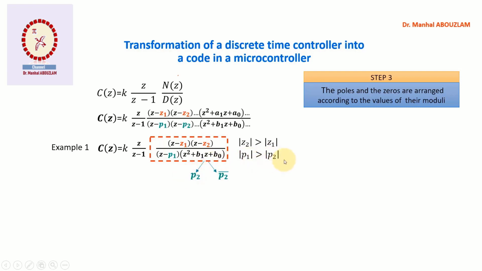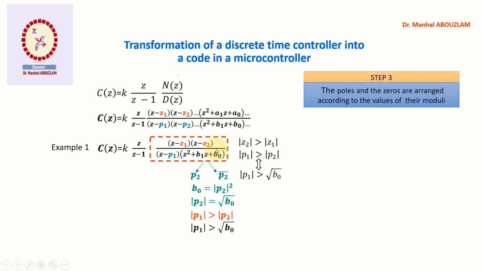Okay, we can observe that this inequality corresponds to this inequality. The modulus of b1 is higher than the square root of b0 because b0 is equal to the square of the modulus of b2. So the modulus of b2 is equal to the square root of b0. Okay, so this inequality corresponds to this inequality.